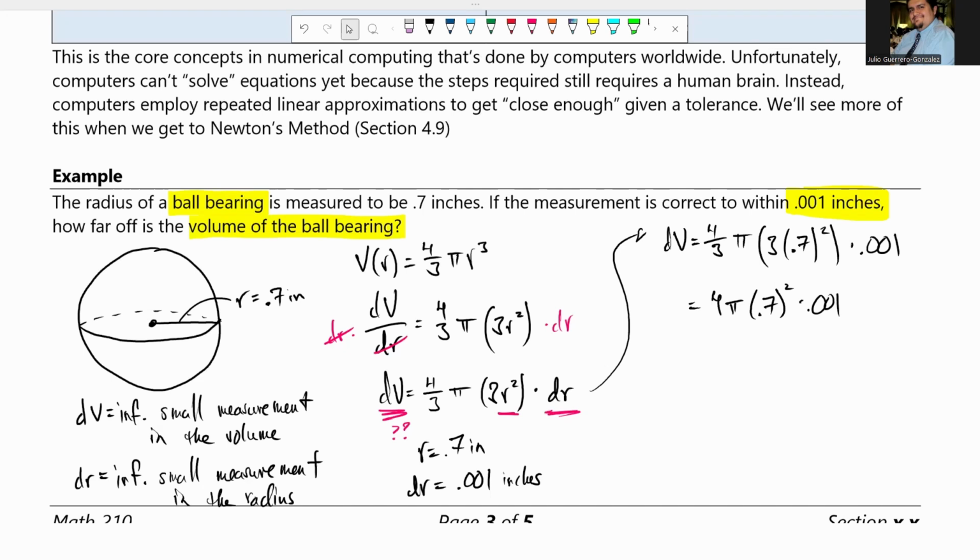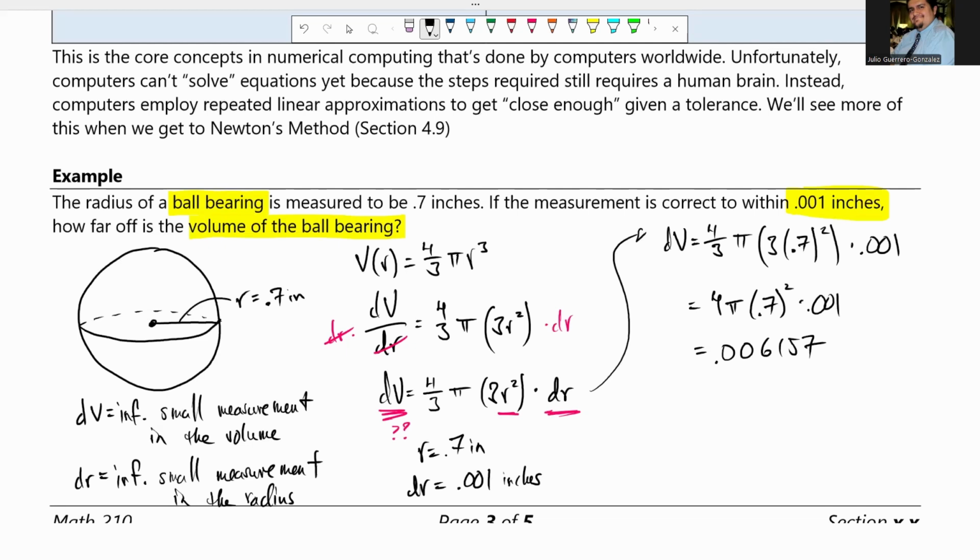4 times pi times 0.7 times 0.7 times 0.001. I get 0.00616, roughly.